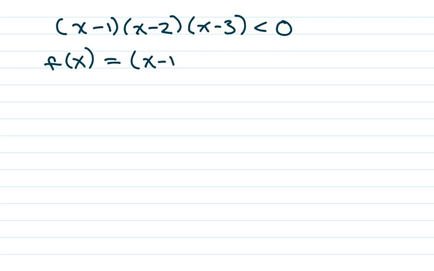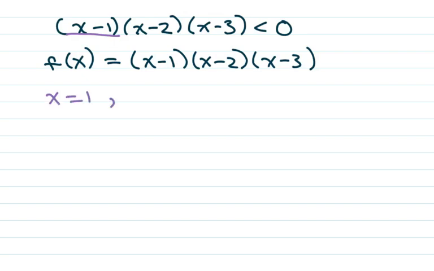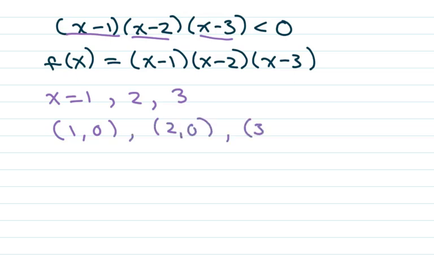I really don't want to FOIL this one out either, so I'm just going to leave it like this. And find our zeros for each piece. The 0 to this one is 1. The 0 to this one is 2. And the 0 to this one is 3. Basically, these are your x-intercepts. Alright, and those are the zeros of f.